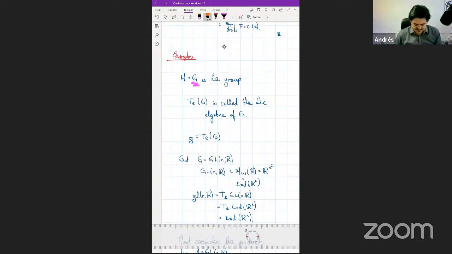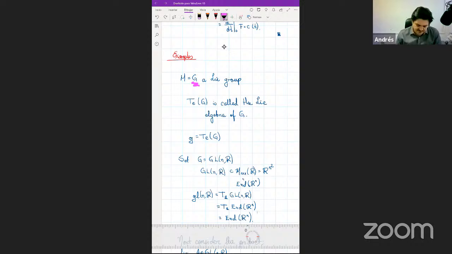Now, the endomorphisms of Rn is just a linear map between Rn and Rn. In this particular case, the product operation is composition.